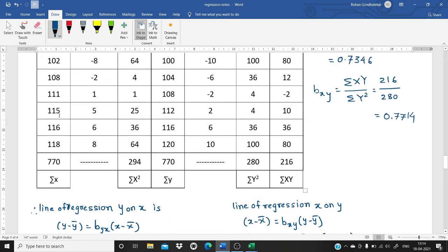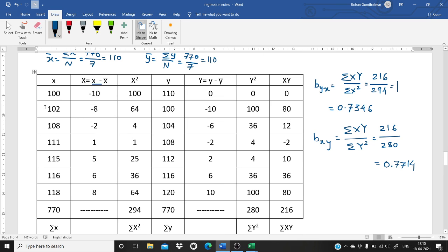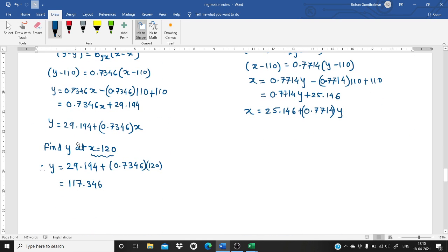Is it? Now to check whether my equations are correct or not, what I do, I will go with this. You can select any value from x, say 100. Okay, so we'll go with the 100 and check. Means again you substitute 100 in place of x and try to estimate y. So here also we are going to do with the same equation. I am substituting x as 100. So if x is 100, then y will be 29.194 plus 0.7346 into 100.